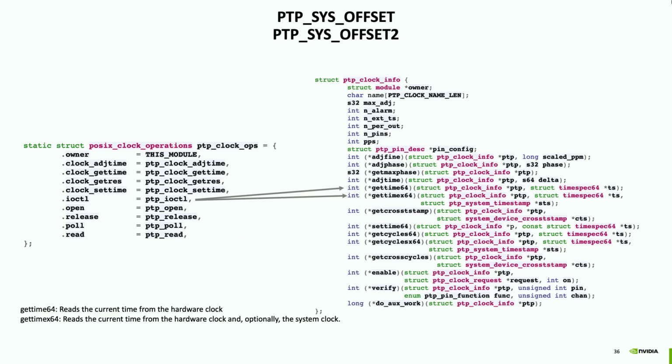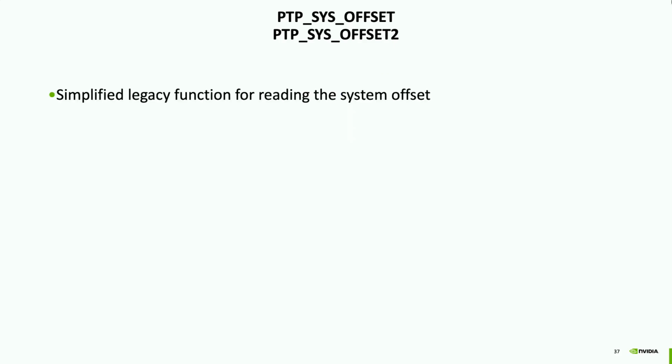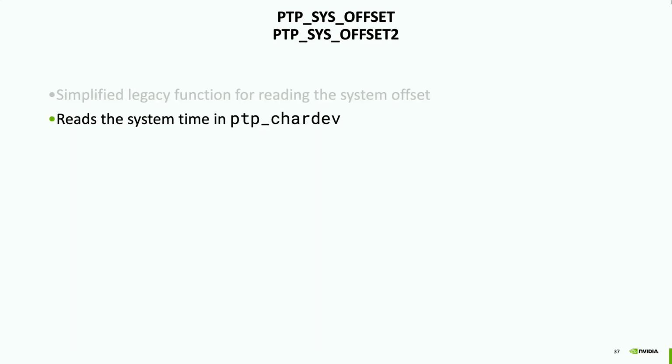Okay, so another function is the sys offset. This is the legacy way of doing the same functionality. In this case, it's a simplified functionality, so your driver doesn't need to capture the system time inside. It reads the system time in the character device. So the subsystem first reads the system time, then it calls into your driver, and when it gets back from the call, it measures the system time.